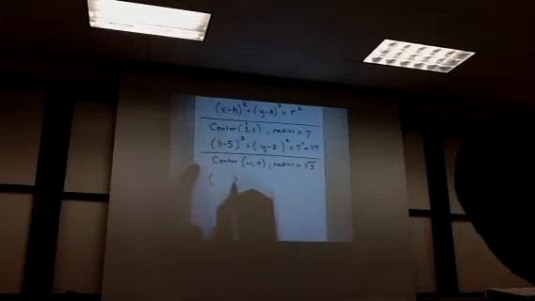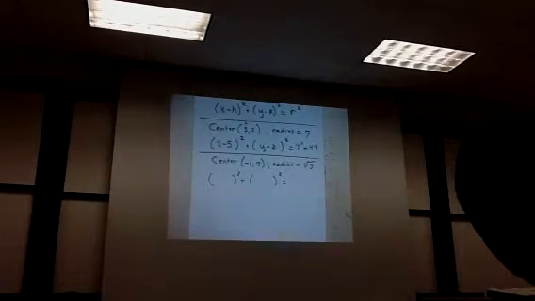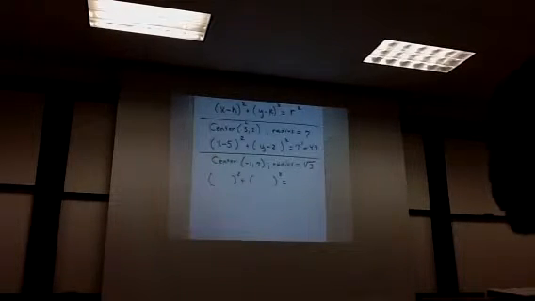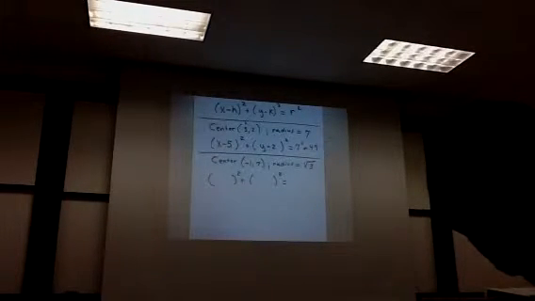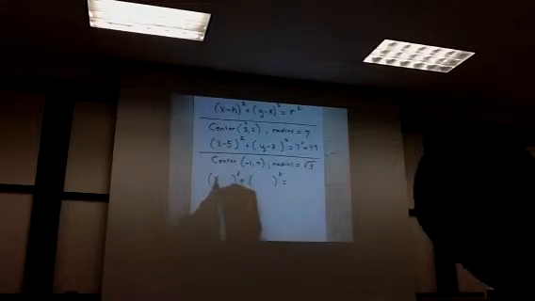It's going to be something squared plus something squared. What goes in my first parenthesis? X plus 1. Hey, how'd you get x plus 1? Negative times negative, yeah, positive.